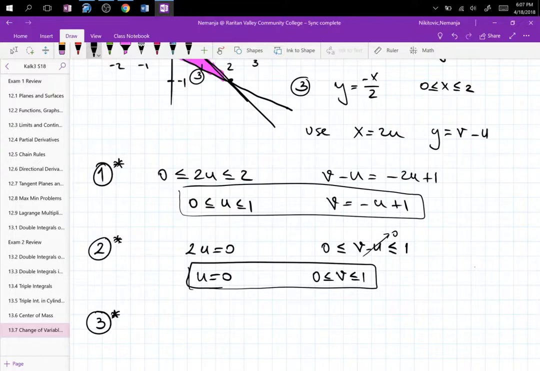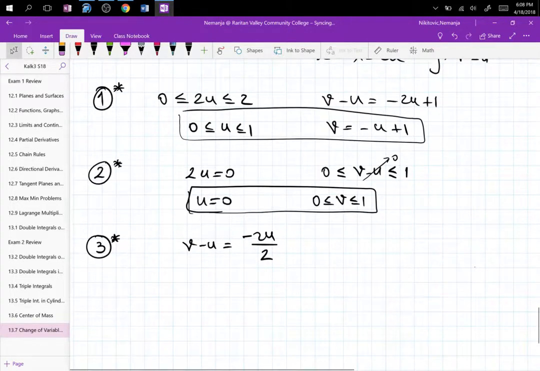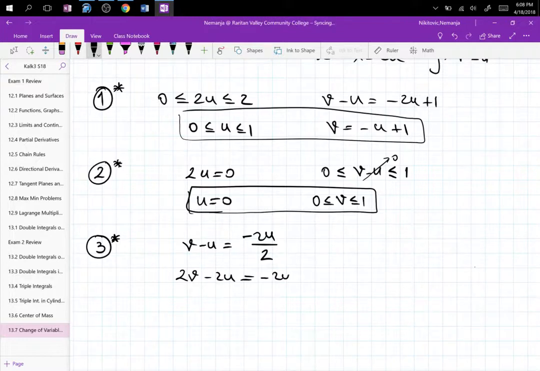Third transformation is going to be, again, y is v minus u, is equal to negative 2u divided by 2. Algebra. So 2v minus 2u is equal to negative 2u. And when you put these together, 2u goes to the right and cancels. So you get 2v equals 0. So v equals 0.